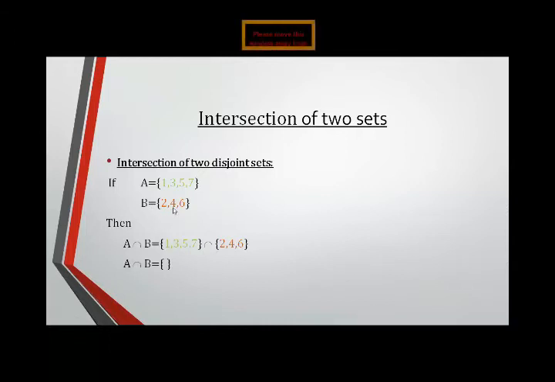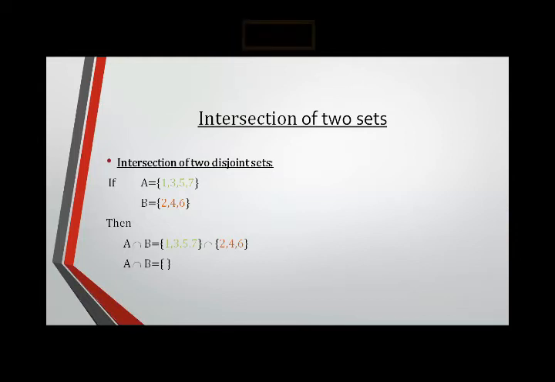Okay, since set A and set B have no common member, therefore their intersection will be a null set, because through the definition of intersection, the intersection of two sets is a set in which we write all the members which are common in both sets.